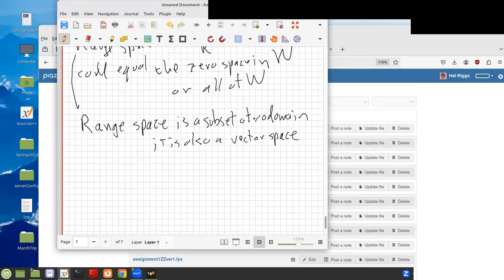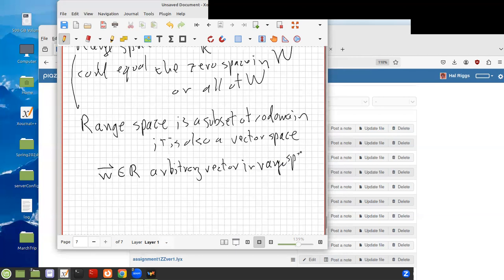Let's choose an arbitrary vector W that's in the range space. If it's in the range space, that means that there's a V such that f of V equals W.